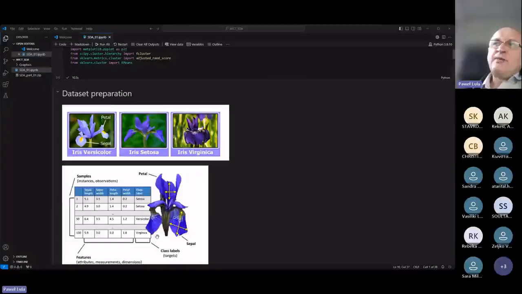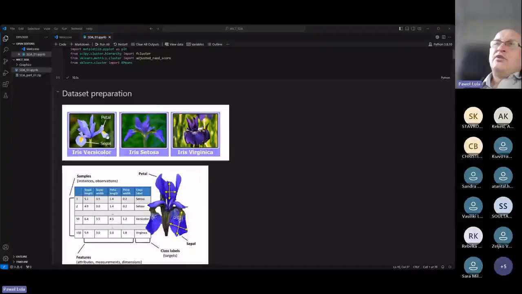It describes 150 flowers. All of them belong to iris flowers, but they are divided into 3 groups, 3 species: versicolor, setosa, and virginica.